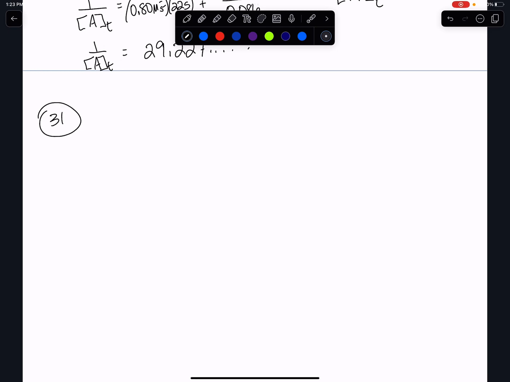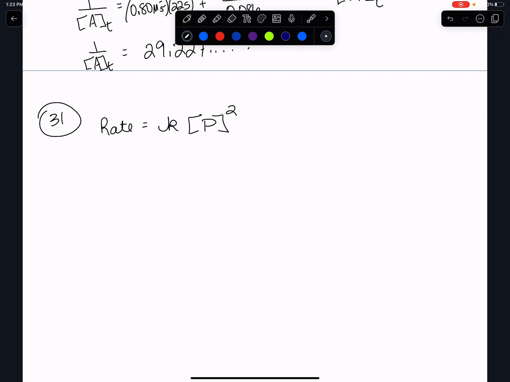Again, it tells us it's second order. Okay. And so if it's second order, we know this, that the rate is equal to some constant K times the concentration of P squared, because it tells us it's second order, and the only reactants are P. So it has to be P squared.